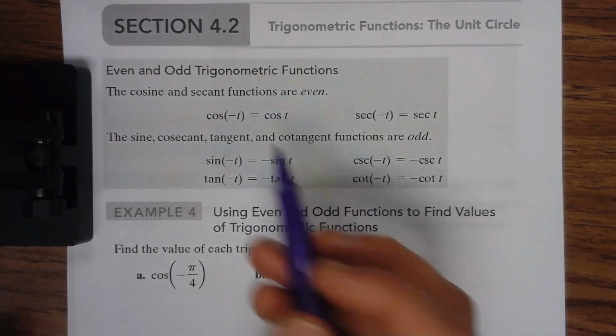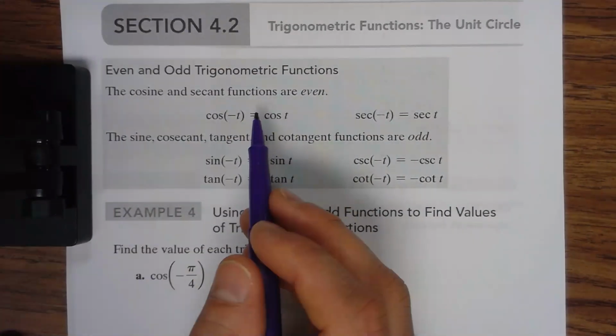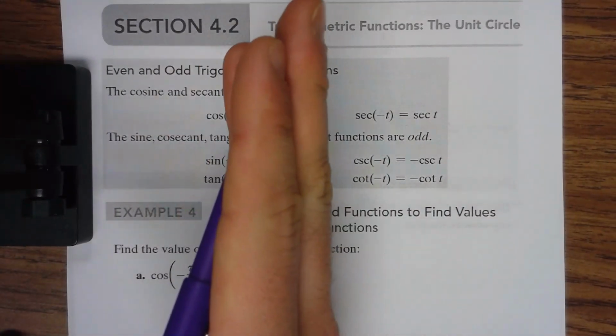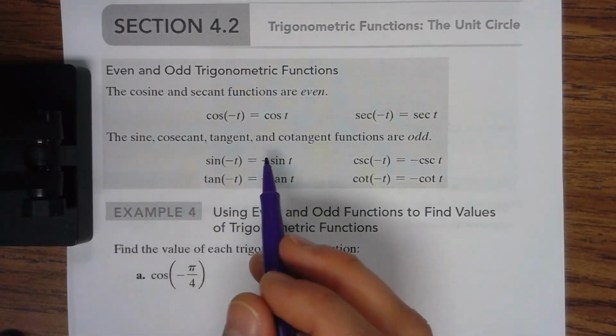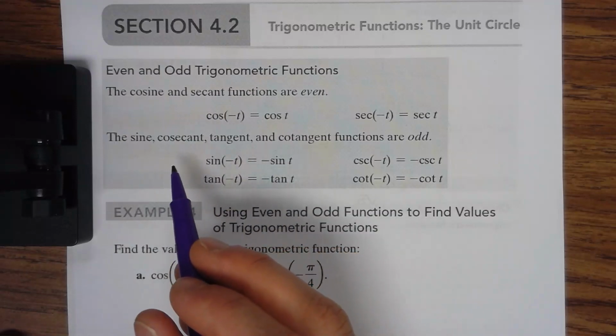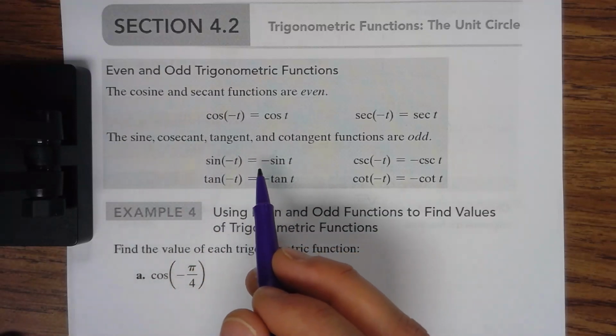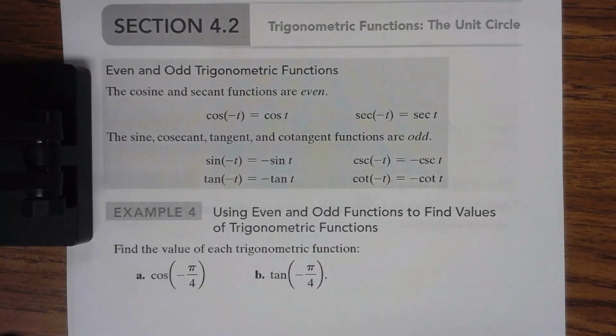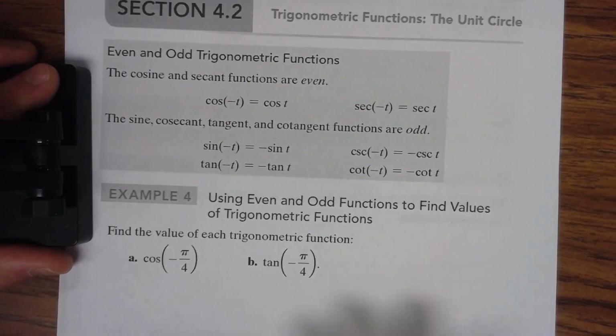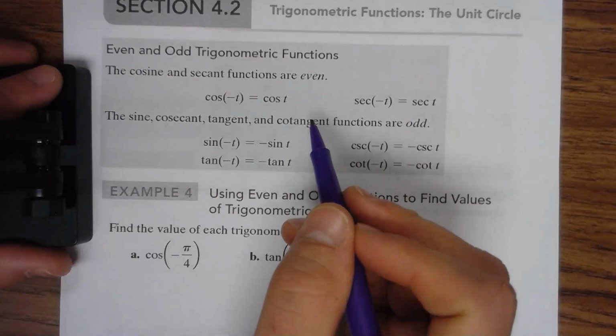Cosine and secant are even, meaning they have symmetry across the y-axis, and the four other functions, sine, cosecant, tangent, cotangent, are odd, meaning they have symmetry about the origin. Again, you don't need to memorize these, just things that we're going to use.